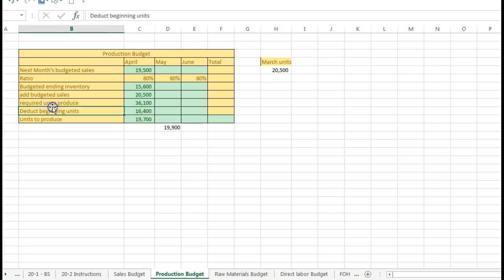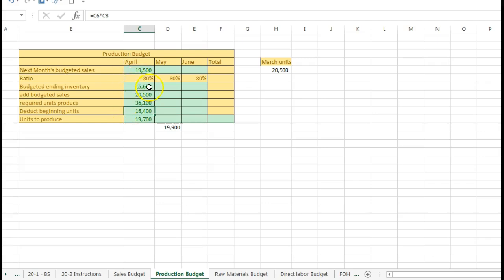And then we're going to deduct beginning units. And the beginning units, I think that was a given here. That is 16,400. If you take 80% of March units, you will come up with 16,400. So now next time, what's our ending inventory going to be?